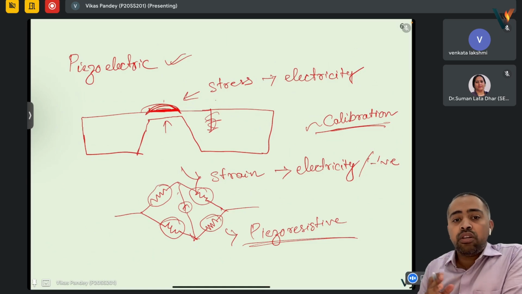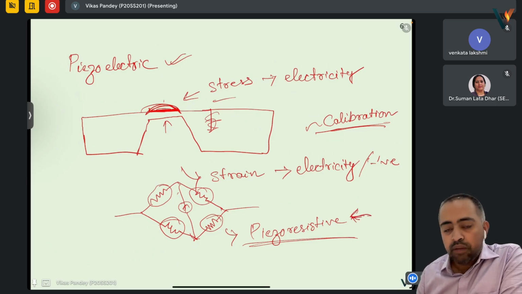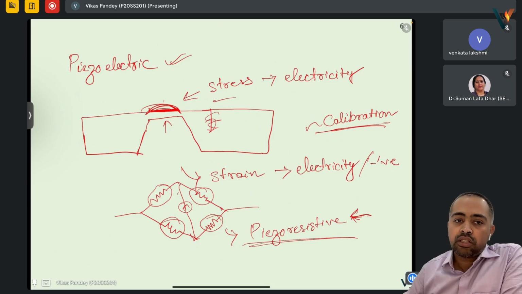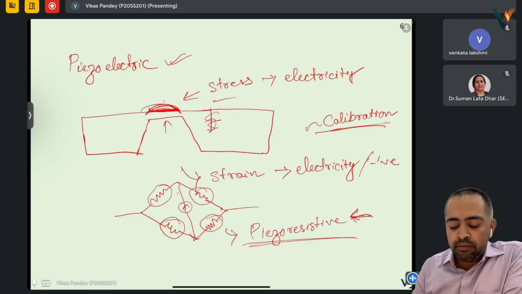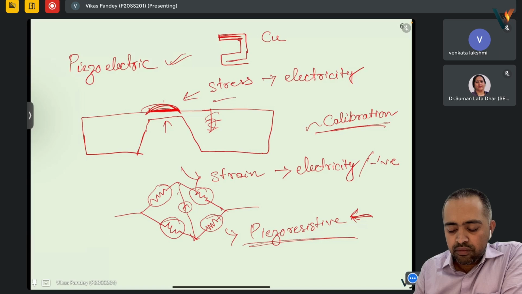It is not compulsory to have this as a material property. Sometimes it can be due to structure also. Like suppose we take a metal, let's say copper, and we create a structure like this.